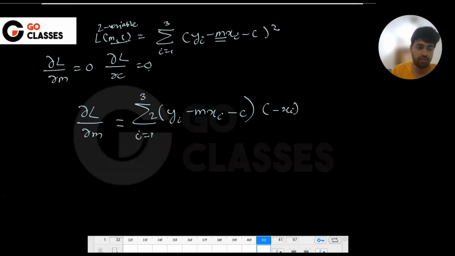This is using the chain rule, the standard way of computing derivatives. Always remember that we are taking the derivative with respect to m, not with respect to x. Then we will equate it to 0, and this 2 gets cancelled out, and what we get is basically this.